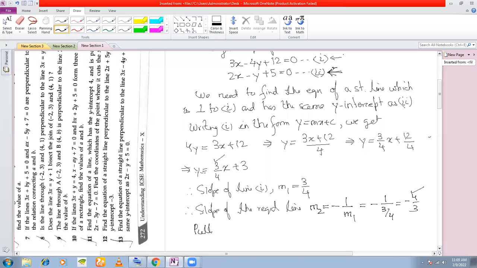Putting the equation of the y-axis, what is it? X is equal to 0. So putting x is equal to 0 in 2, because we need to find out the y-intercept. That is why we are putting x is equal to 0.